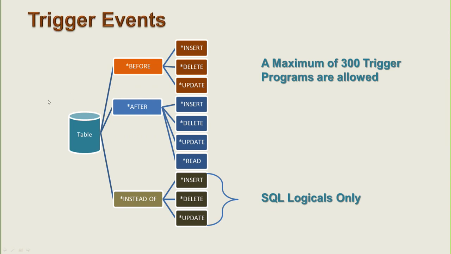Let's have a look at the before class. Before insert. If a program is attached to the before insert event, it will be called if the client attempts to insert a record into the table. And here I'm talking about every client. I'm not only talking about your application, your production system.